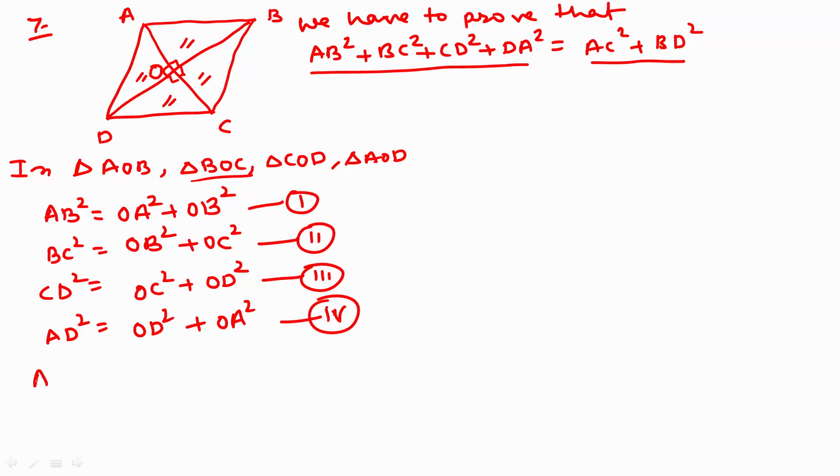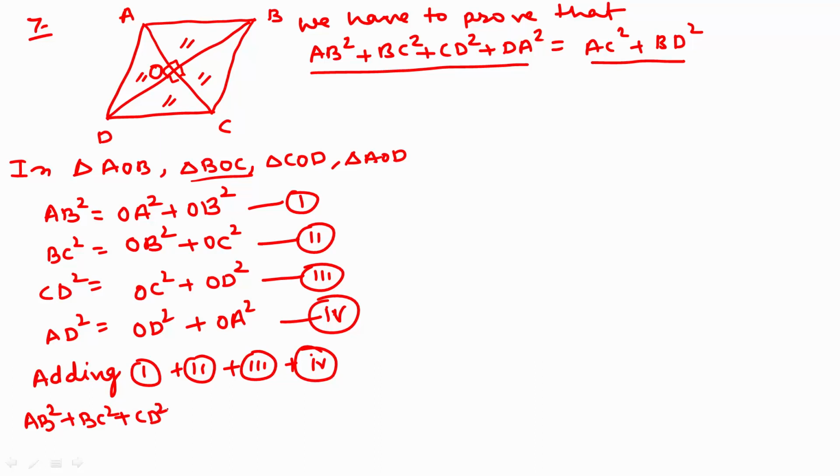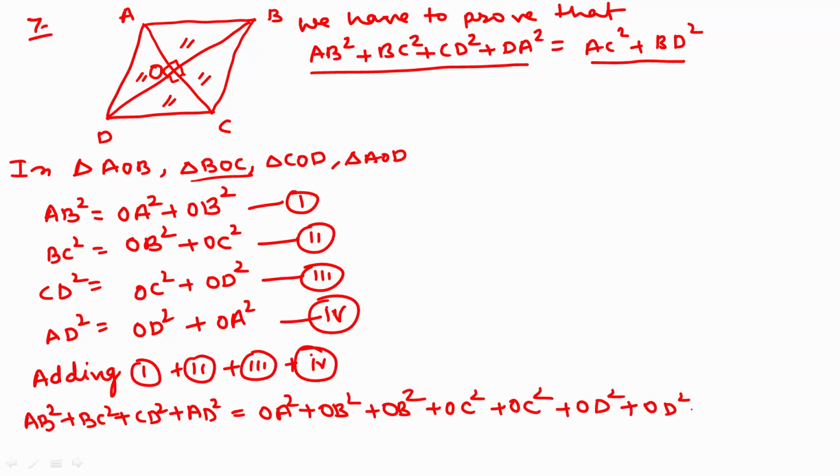So adding first, second, third, and fourth, adding left to left and right to right: AB square plus BC square plus CD square plus AD square is equal to OA square plus OB square plus OB square plus OC square plus OC square plus OD square plus OD square plus OA square.